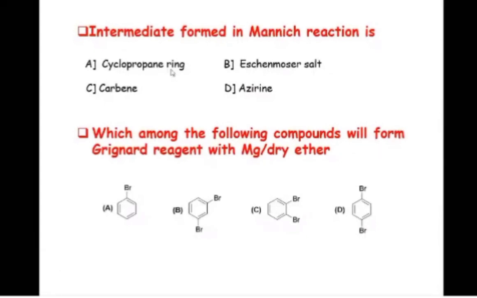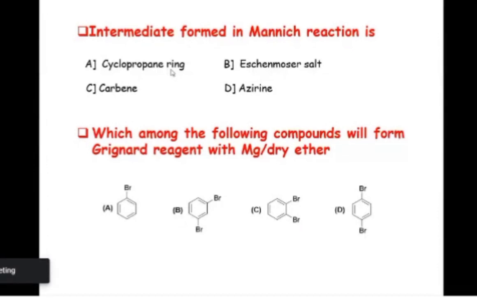Okay. Now the next question. Which among the following compounds will form Grignard reagent with magnesium and dry ether? Option A. Hello? Option A, sir. Which one, either A, B, C or D, or all, or A, B, C?